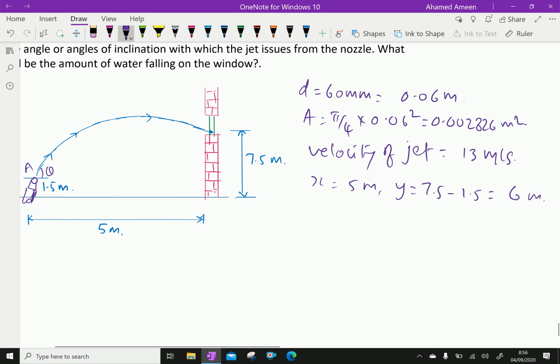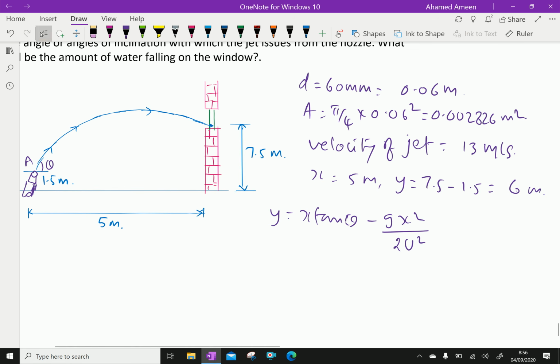Now by the trajectory equation, y equals x tan theta minus g x square over 2u square, secant square theta.